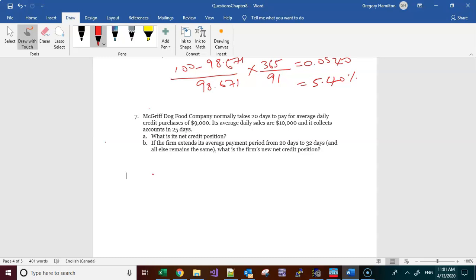If you remember from the lecture, net credit position would be what? Your average AR minus your average accounts payable, right?